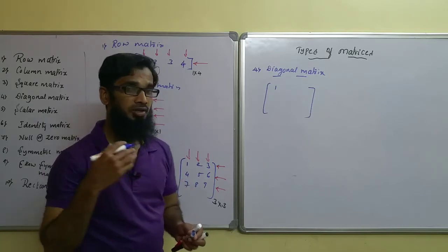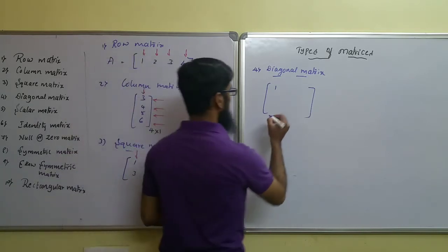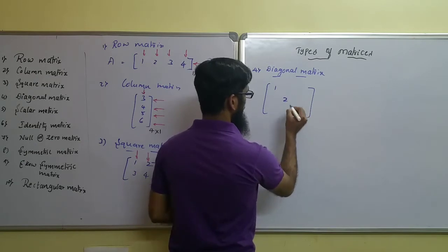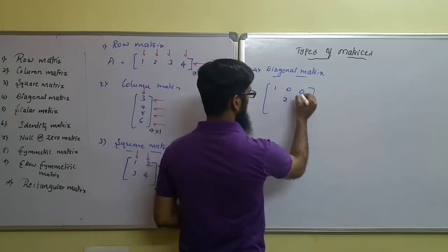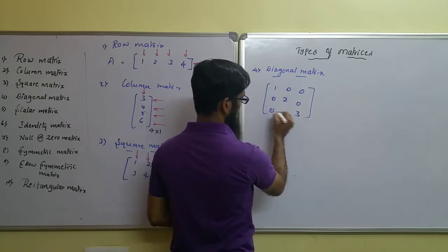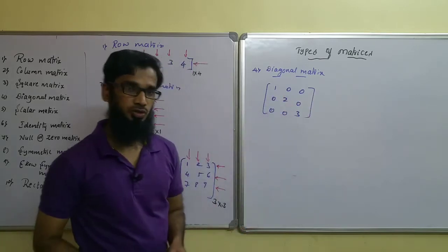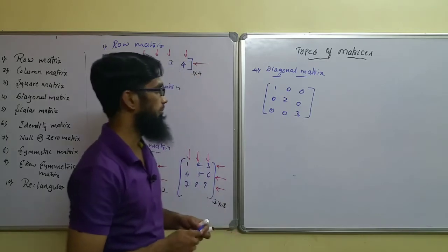Apart from that, the non-diagonal elements should be 0. For example, if I take 1, 2, 3 as the diagonal elements, apart from these, the other elements are zeros. So this becomes the diagonal matrix.